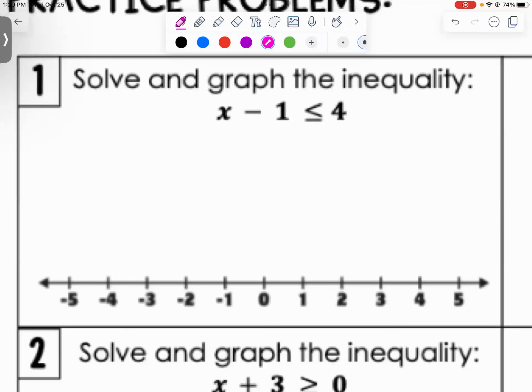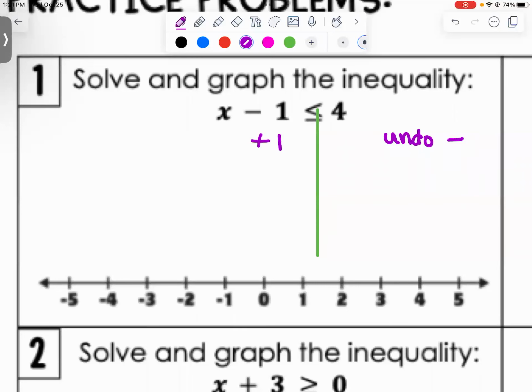Okay, you're good. All right, so in this inequality, let's make sure we draw our fence. What operation do we need to undo on the left? Allie?